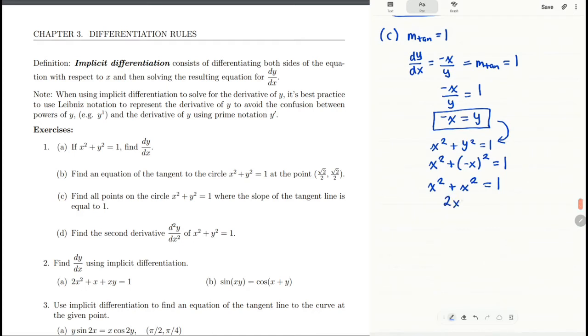So we have 2x squared is equal to 1. Dividing by 2, we have x squared is 1/2. And if we take the square root of both sides, remembering plus or minus, we have plus or minus the root of 1/2.